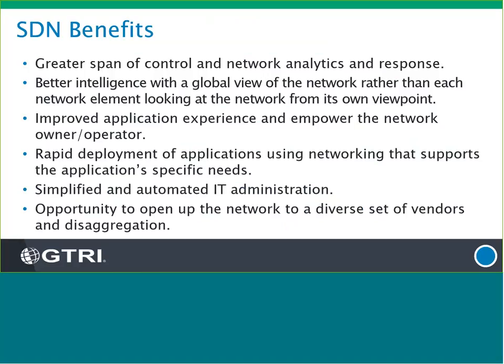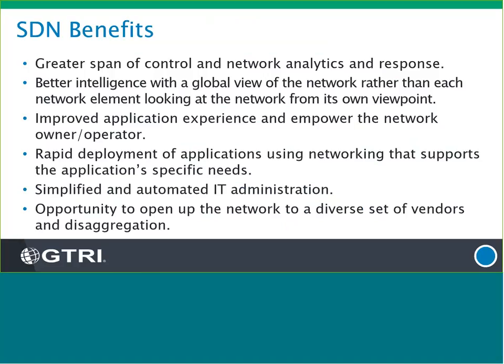We have greater span of control. Rather than today where we log into each network element manually to make configuration changes, now we can go to a controller, make one change, and say, this is what I want to have happen, and then that gets disseminated to all the devices in the network, making administration of a network simpler and reducing errors.